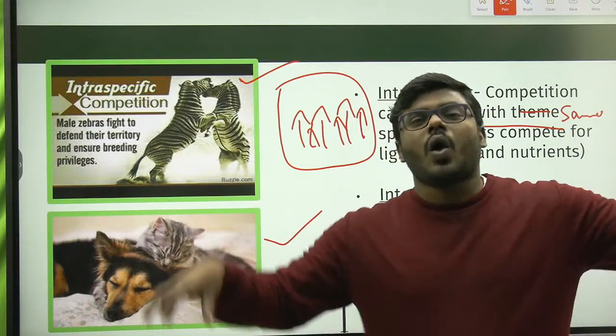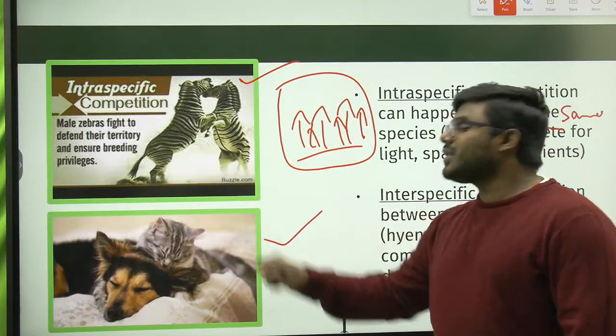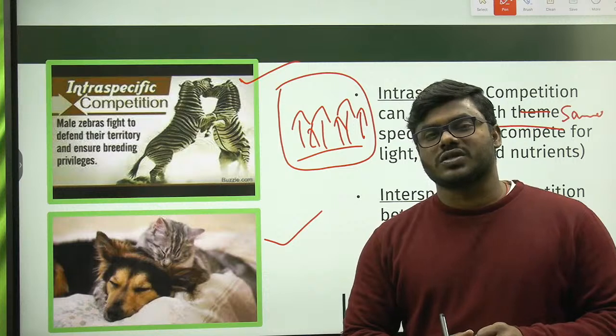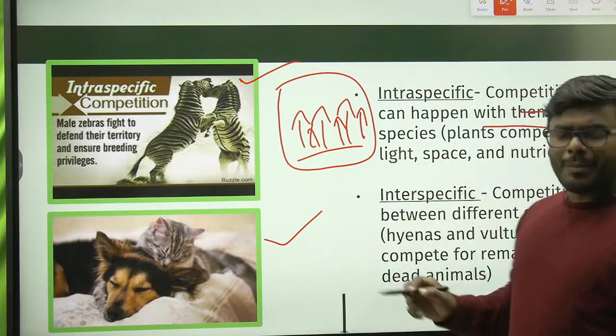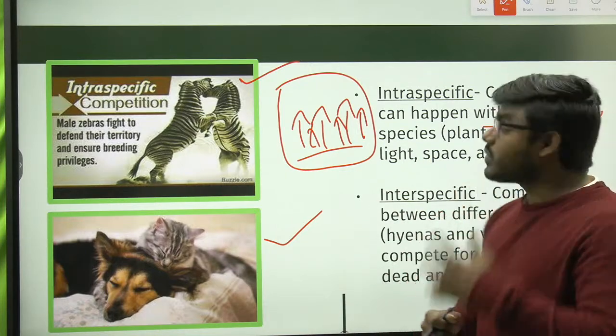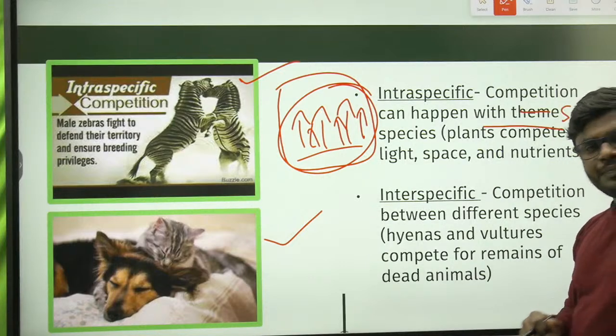I mean to say, all the resources are very limited. Then obviously all the plants are going to compete for those limited resources. Is it or not? But the competition is occurring within the same species. That's why we call it intraspecific competition.